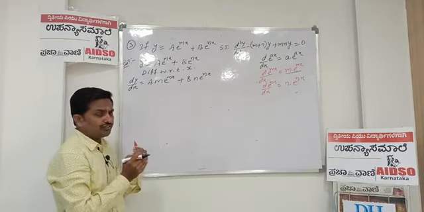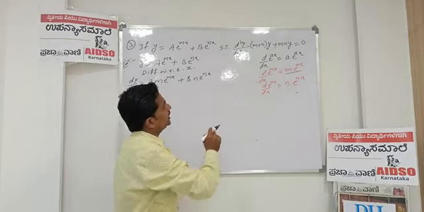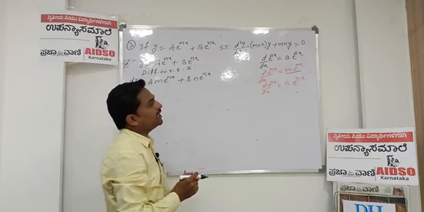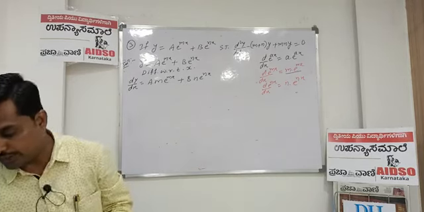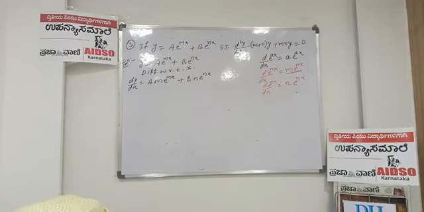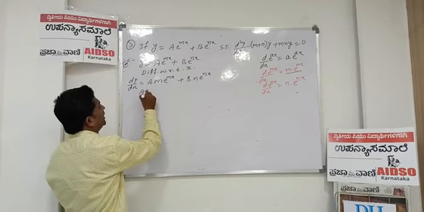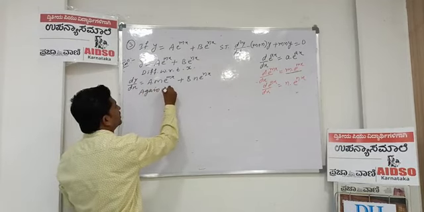After getting this, we need to find out the value for d square y by dx square. The value we require is d square y by dx square, and for that we have to differentiate again with respect to x.